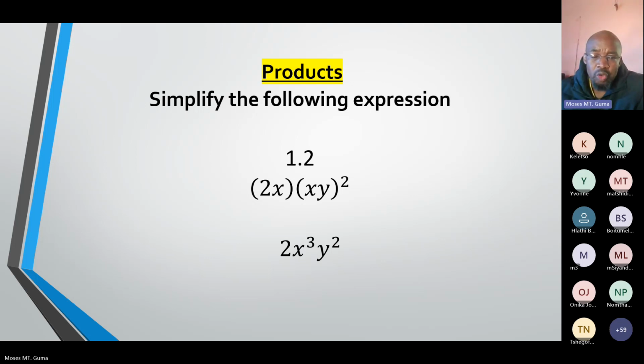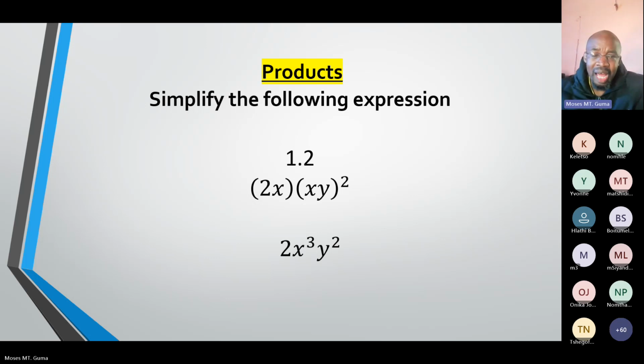That would be 2 marks. Surely wherever you are seated, you are saying this man is just donating marks. Mathematics is all about that. If you understand and if you practice your work, everything just becomes very easy.